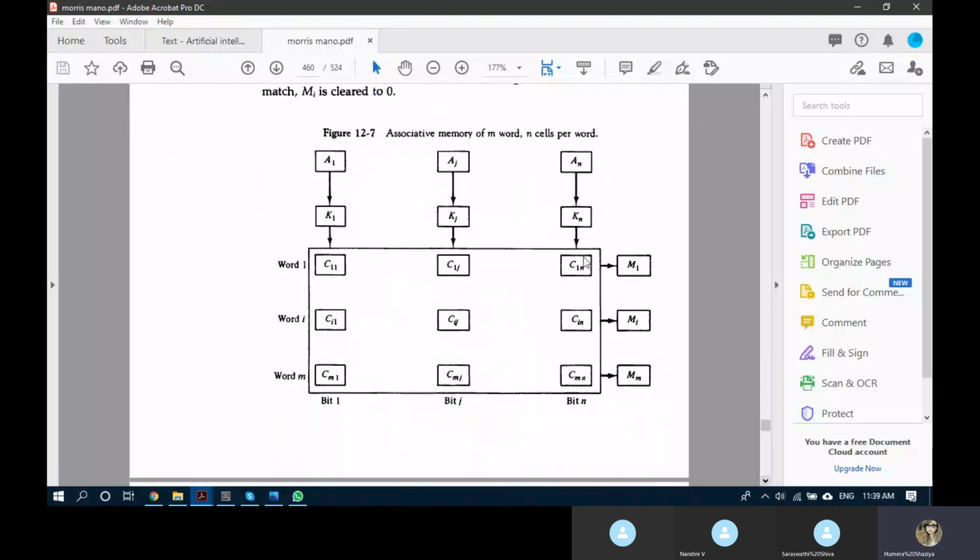Look at this associative memory structure in terms of bits. There are n bits in the argument register. There are n bits in the key register, as well as n words.